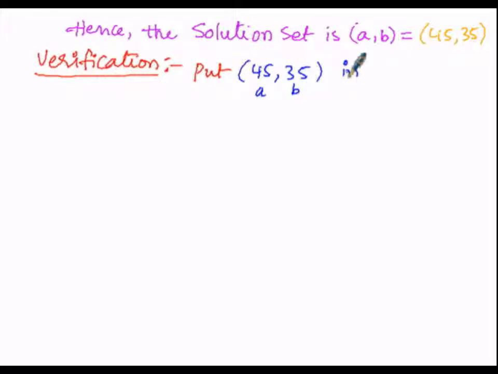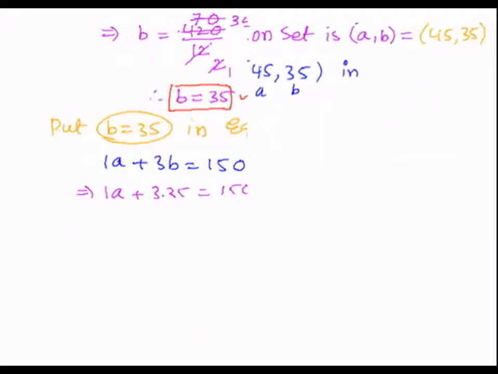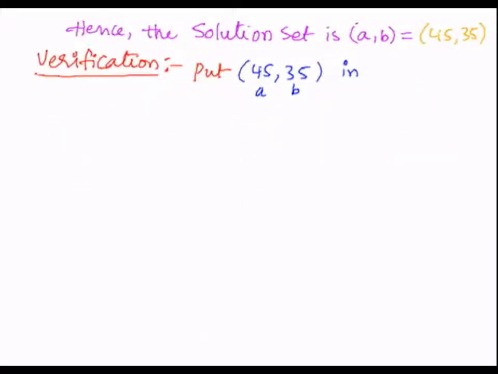We got a from equation number 4, so I want to substitute in equation number 1. Equation number 1 as per the problem is 7a plus 9b equals 630.